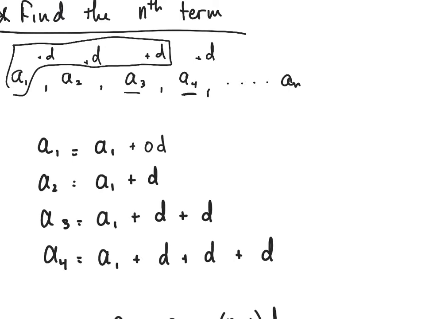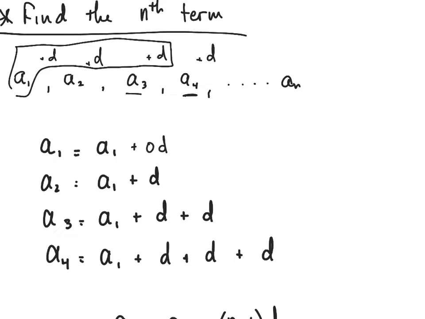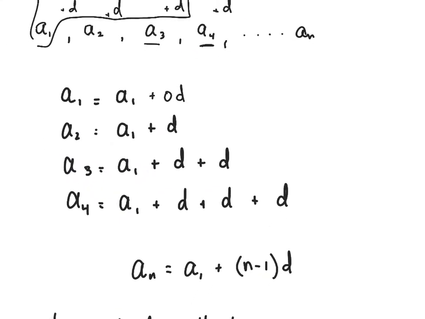So the way to generalize this is the nth term, so any random term, not in any order, but just the nth term, is equal to the first term, just like each one of these, always equal to the first term. And then we add a number of common differences that's 1 less than the term.